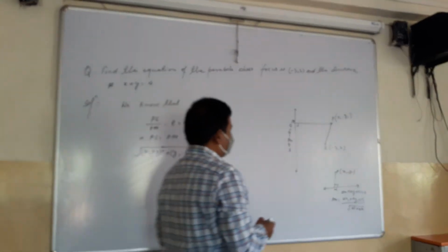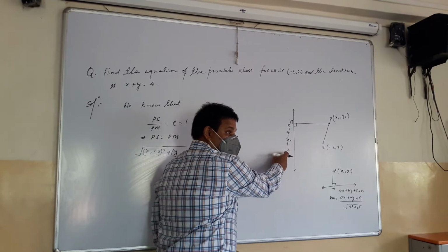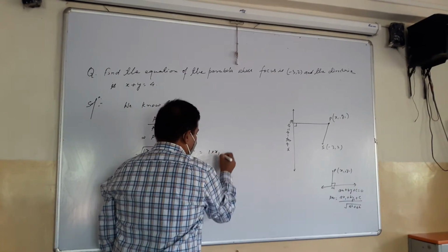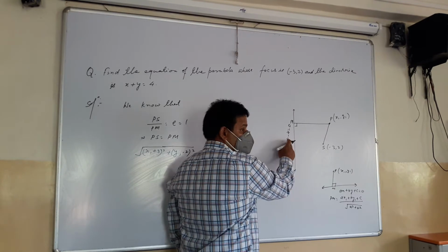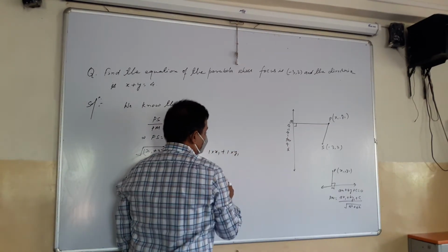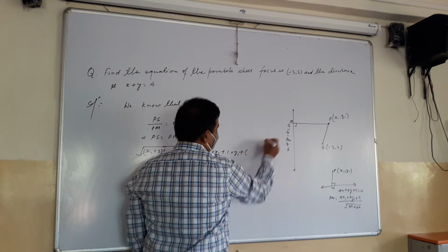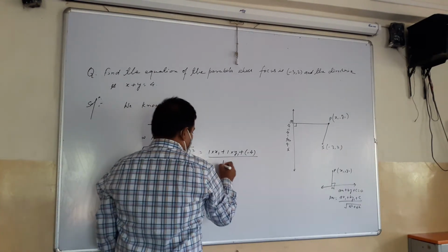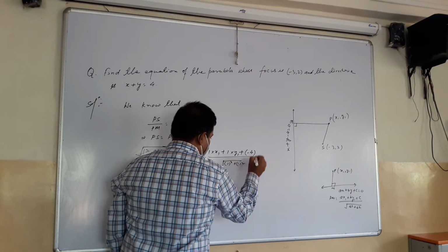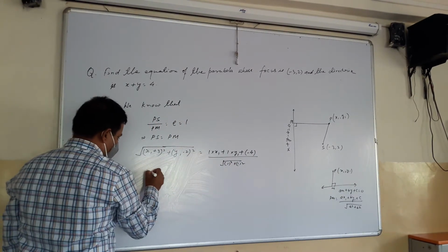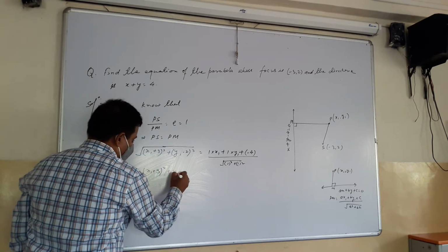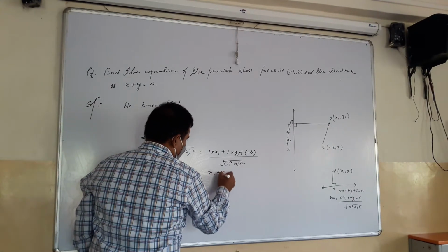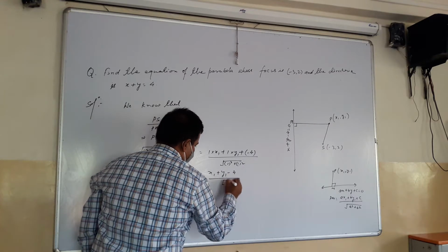Here A is 1, B is 1, and C is minus 4, so we get 1 square plus 1 square under the root. So the square root of (x1 + 3) whole square plus (y1 - 2) whole square is equal to (x1 + y1 - 4) divided by root 2.